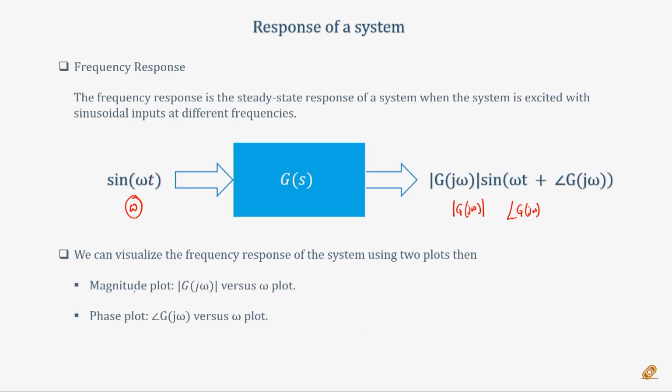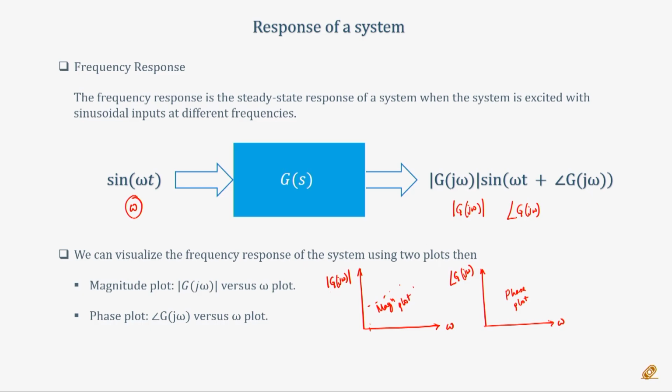The first plot is called a magnitude plot, where you take omega on the x axis and on the y axis you plot the magnitude of G(j omega), for different values of omega. For the phase plot you take omega and then plot the angle of G(j omega). This is called the phase plot and the other one the magnitude plot.